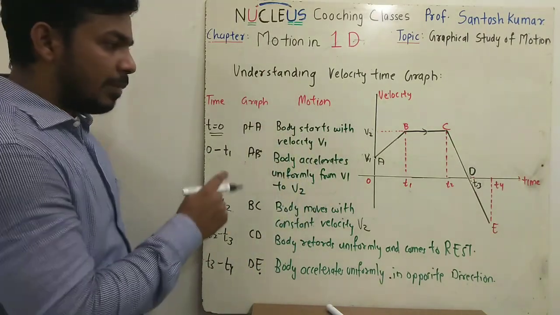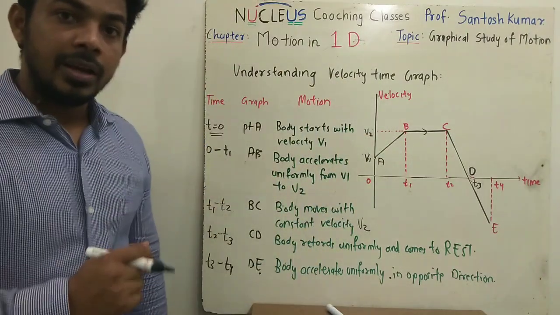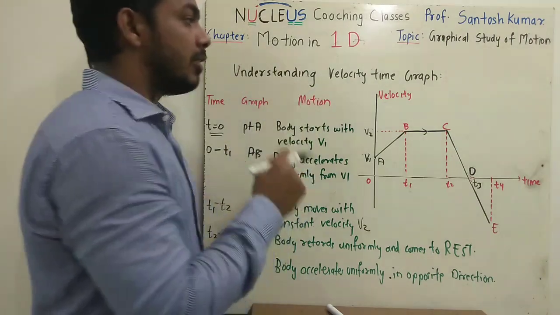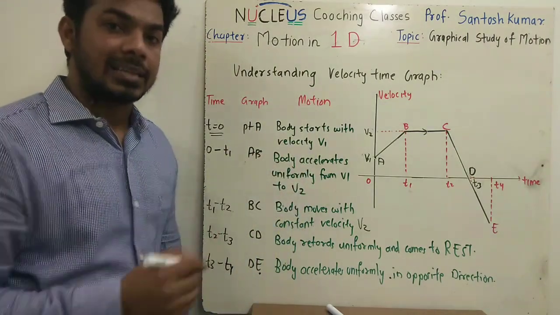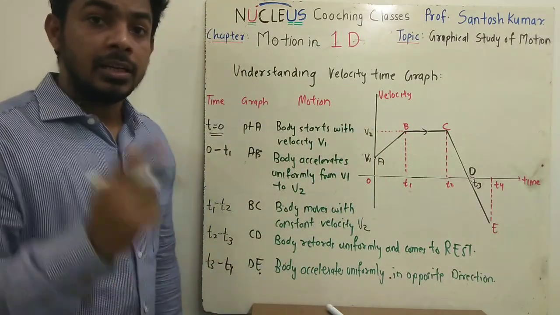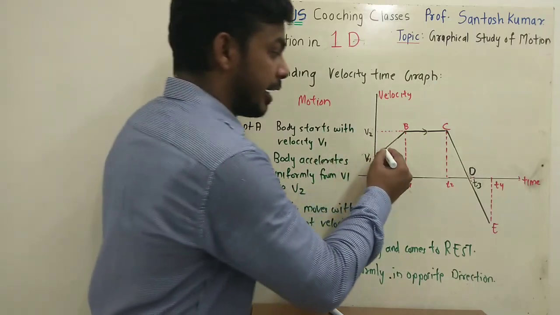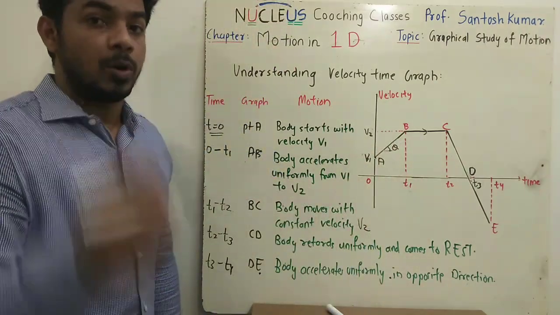If I talk about time interval from 0 to T1, I am talking about graph AB. Remember, the slope of velocity time graph is nothing but acceleration. AB is a straight line with acute angle, that means slope is constant and positive.